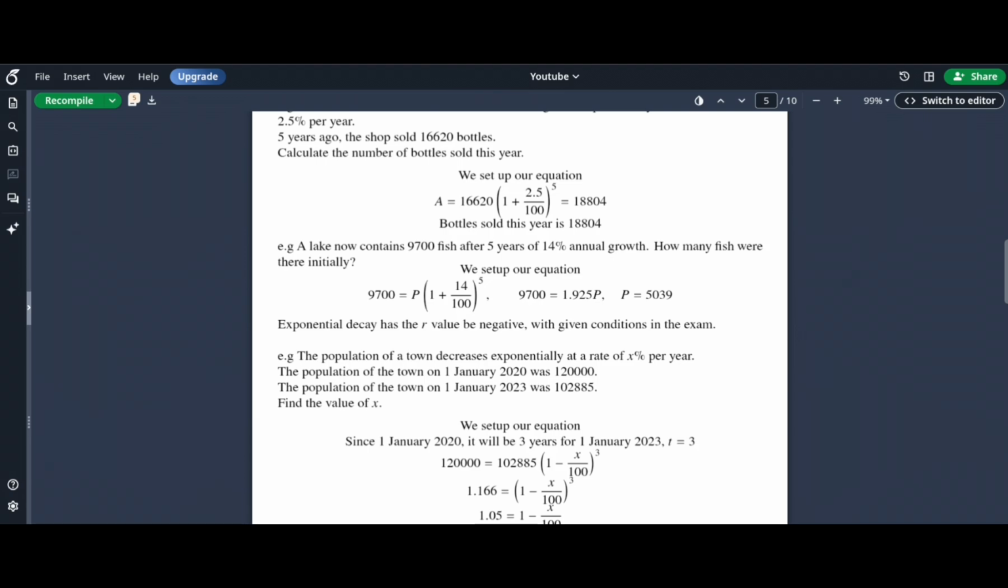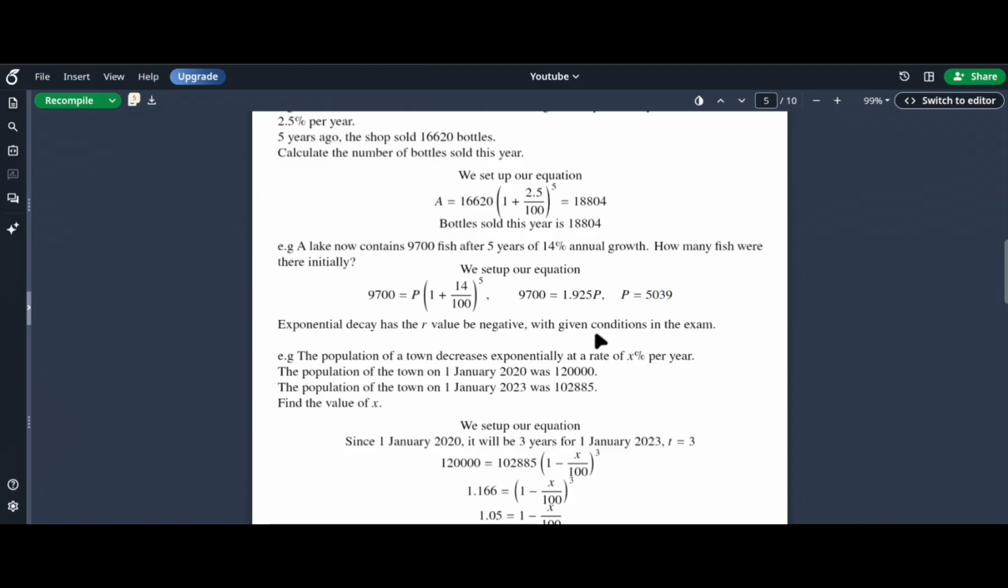How many fish were there initially? You can see how this works. In a period of 5 years, the fish grew by 14% annually, and we reached a population of this much. We solve the equation and we get p is equal to 5039.